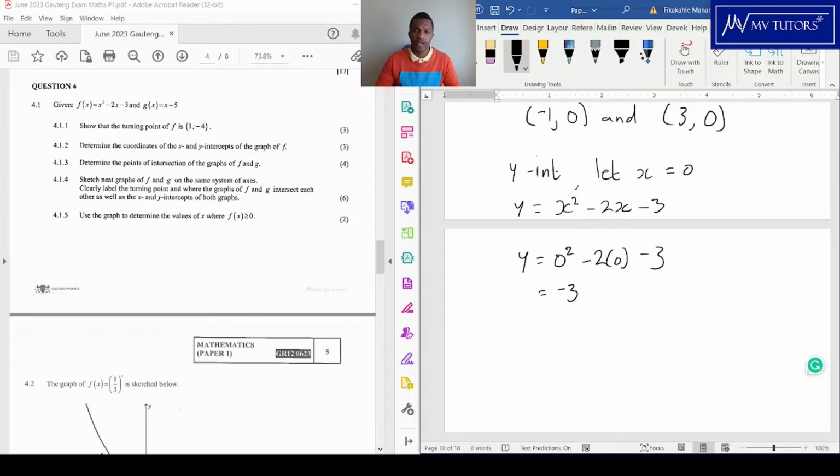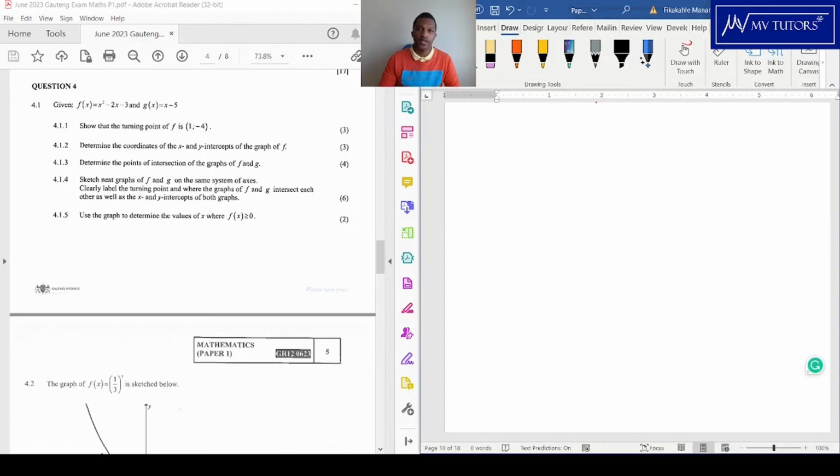So our y-intercept therefore is, remember, x is 0 and y we just solved as minus 3. That's it.